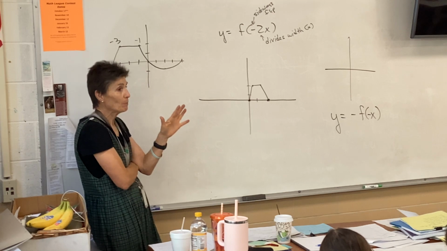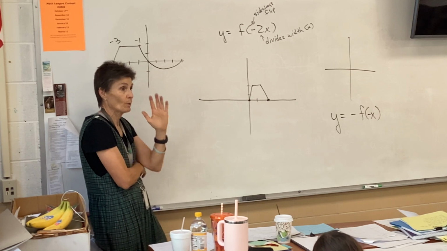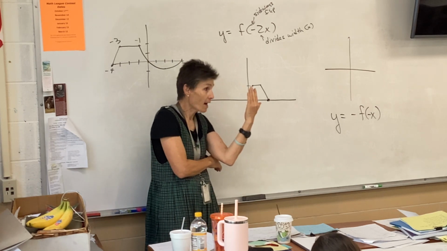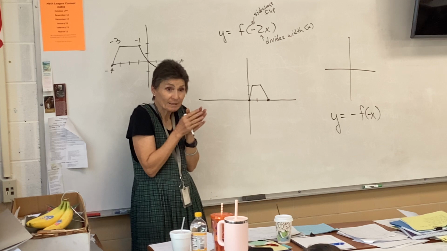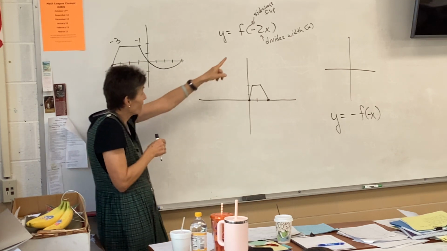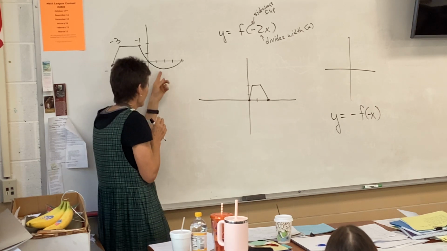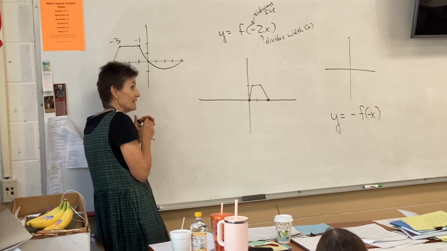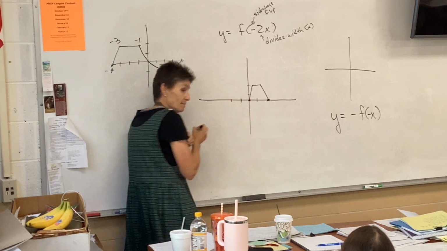I did a point by point, you don't necessarily have to do that. What happened to the trapezoid? It flipped over to the other side and it became half as wide. It's the same trapezoid, half as wide, divided by 2, flipped because of the negative. Now what about the semicircle? What's going to happen to it? It's going to go this way, right?